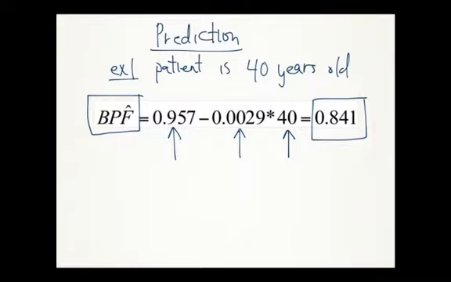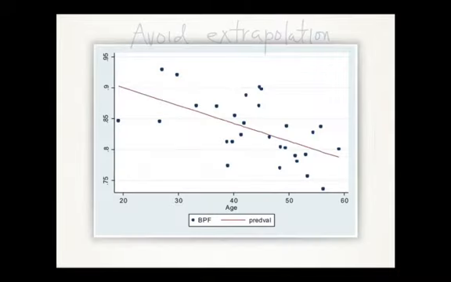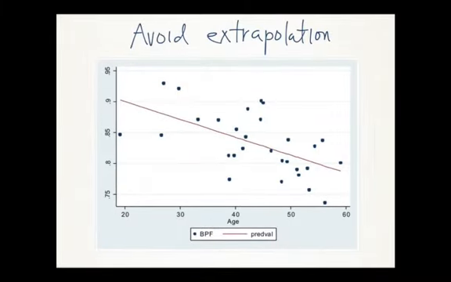But one thing we have to be careful about is to avoid extrapolation. What do we mean by that? Okay, so the data that we used to fit this regression was here. Okay, looks like we had data on people from around age 20 up to age 60.